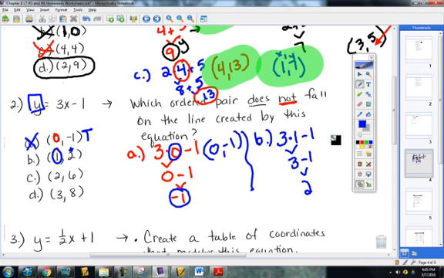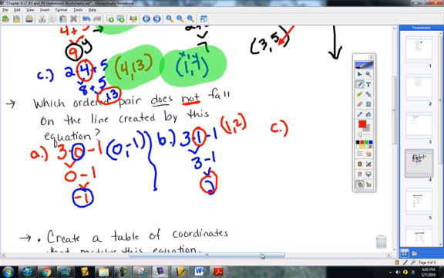So right away, we know that the point 1, because that's my x, right? And the point 2, which is my y, that has to be a coordinate on this line. This linear equation would have this as a point, as an ordered pair. So once again, that's what it says here. So once again, that would be true. So it would not be B.